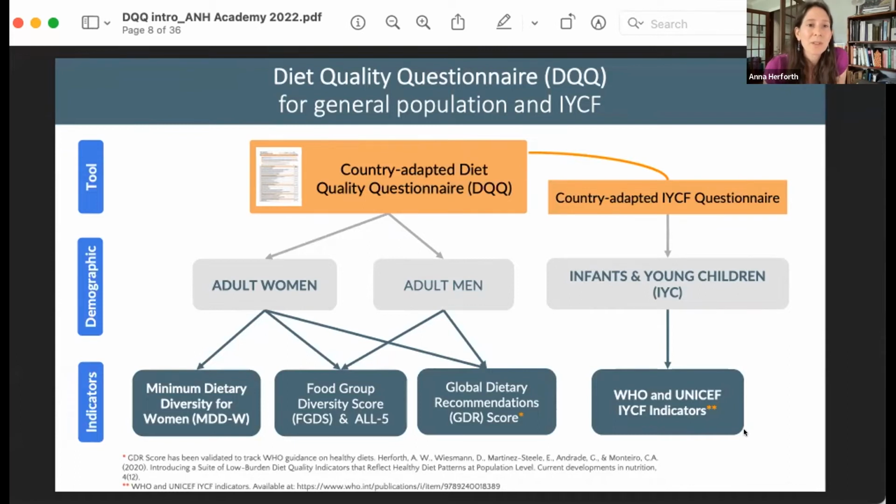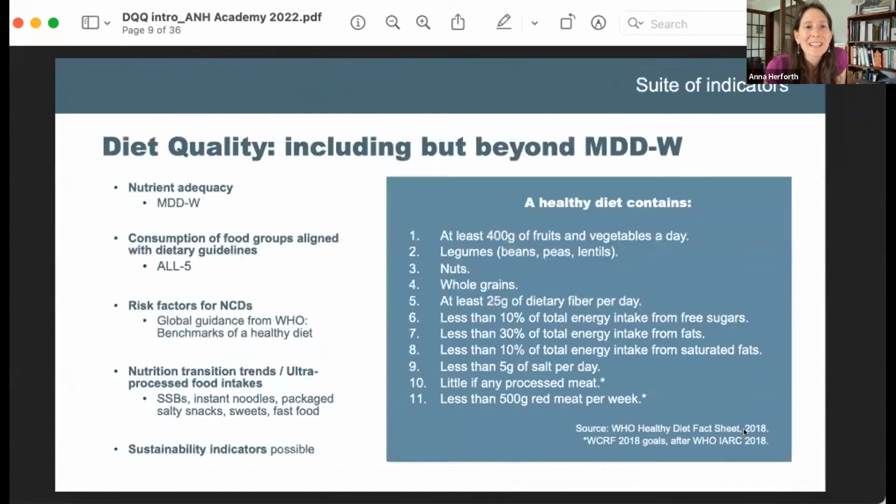These produce a number of indicators, as you can see at the bottom. These indicators include, but go beyond, the MDDW. The minimum dietary diversity for women is an indicator probably most people are familiar with. It's been very highly used, but that only covers one aspect of diet quality for a specific population, which is women of reproductive age.